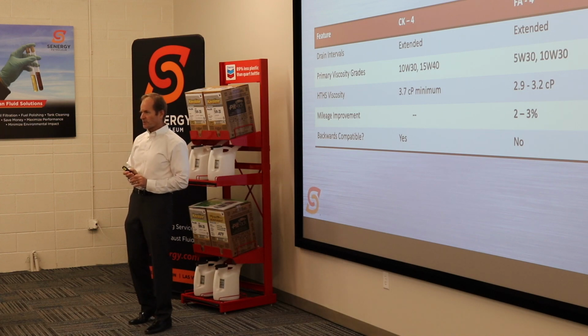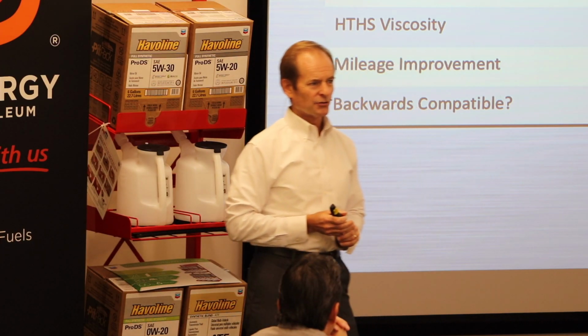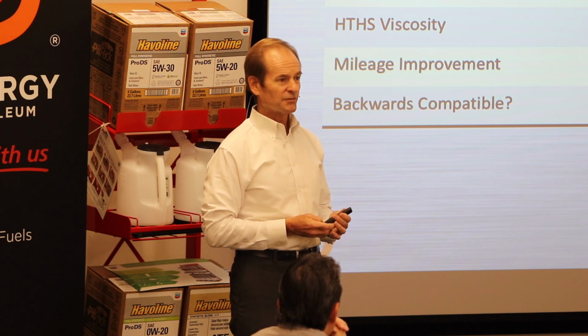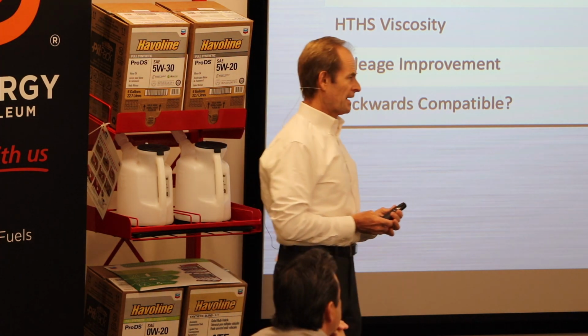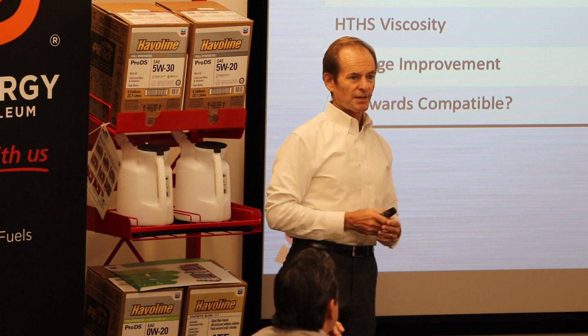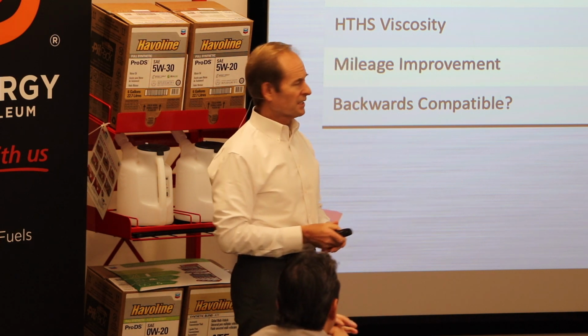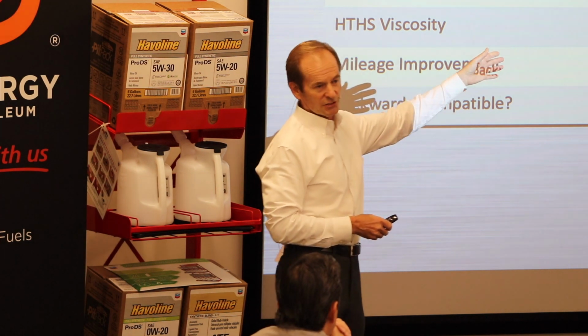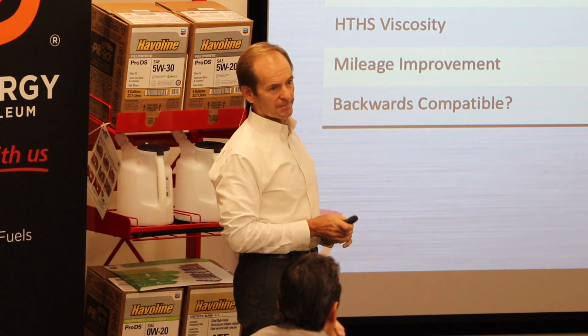But if you're a large transportation company, okay, and you've got tons of trucks on the road all the time, that 2 to 3% fuel savings is going to add up. So those were the kinds of driving forces that led to the mileage improvements called for in FA4.